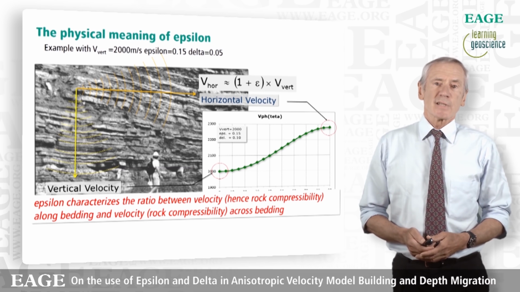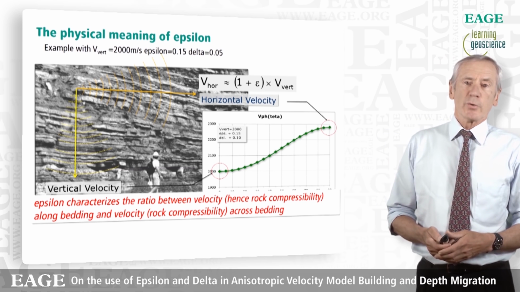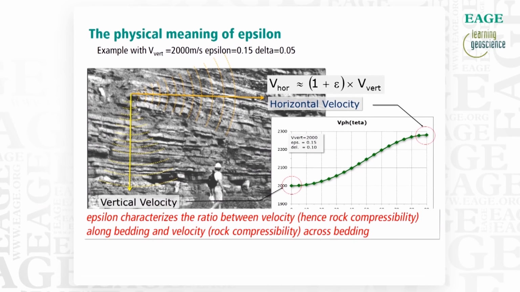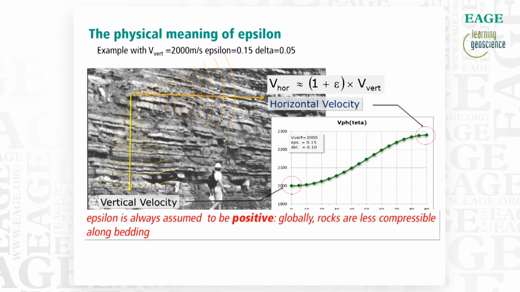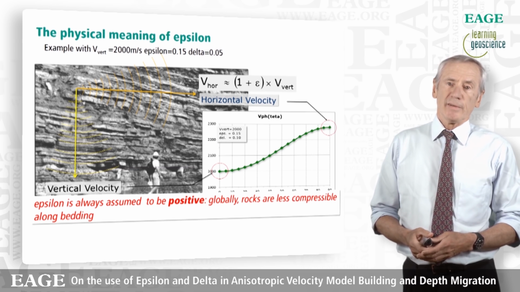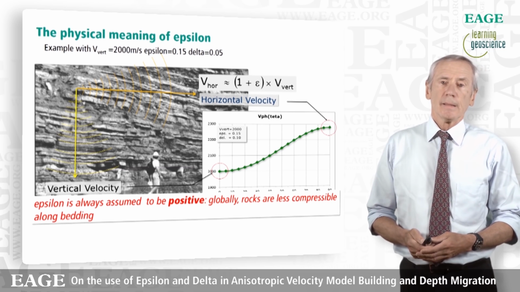That tells us that epsilon characterizes basically the ratio between velocity, hence rock compressibility, along bedding, and velocity or rock compressibility across bedding. Okay, we can infer from that that epsilon is always assumed to be positive because globally rocks are less compressible along bedding.